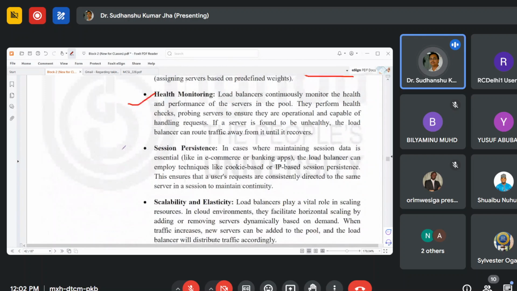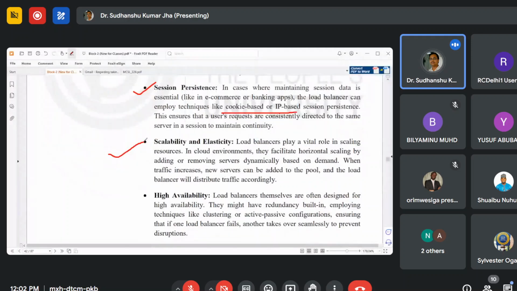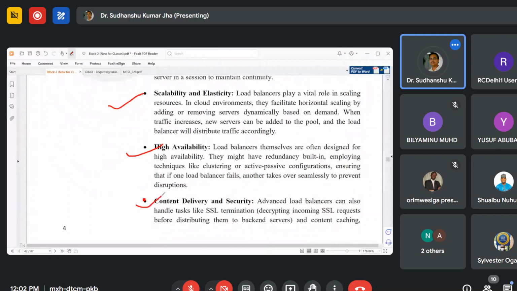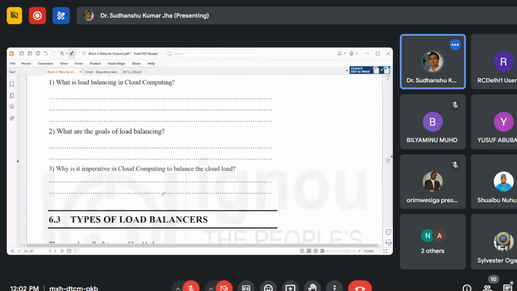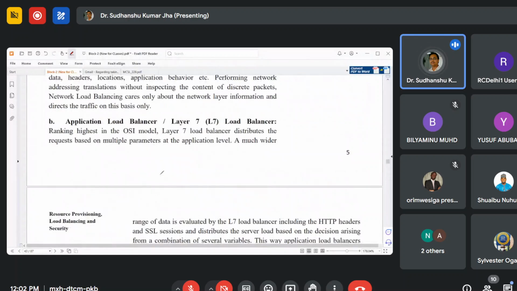A load balancer can employ techniques like cookie-based or IP-based persistence: if a packet is coming from a particular IP, this pool of IPs is transferred to the load balancer system. So scalability and elasticity are provided, and availability, content delivery, and security are things load balancing helps us to perform. So that is the end of this part.